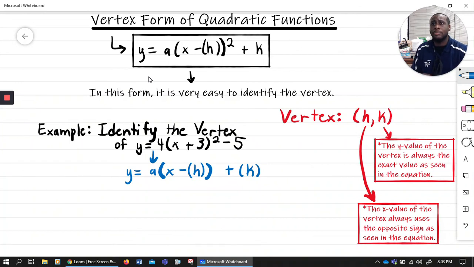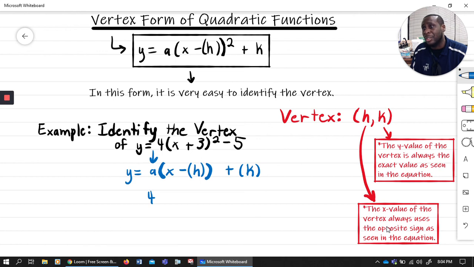Okay, so I'm going to use this particular form to explain, well, the y value of the vertex should be pretty self-explanatory, but I'm going to use it to explain again how we get the x value of the vertex, really. So again, we clearly already know what the a value is here.